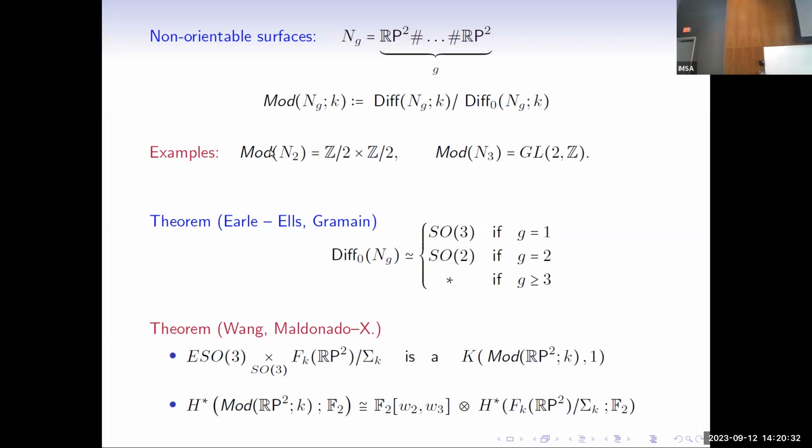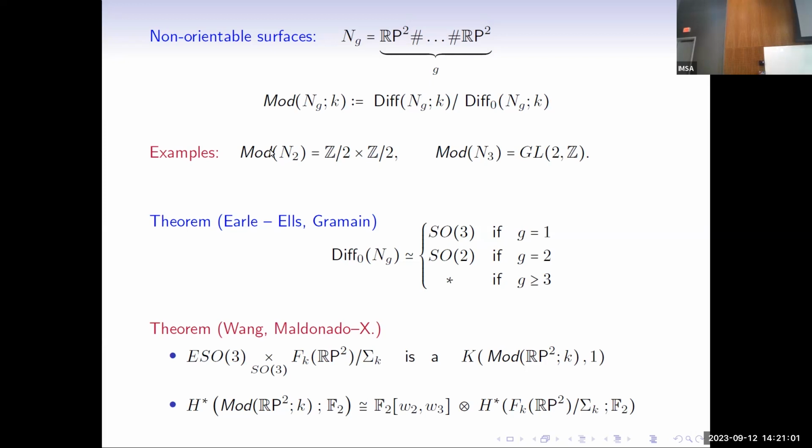And thus it acts on configurations on the projective plane. So if you twist the universal bundle for SO3, you replace the fiber on the universal bundle by the unordered configuration space. What you get is a space which is a K(G,1).